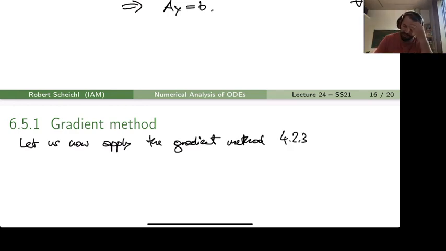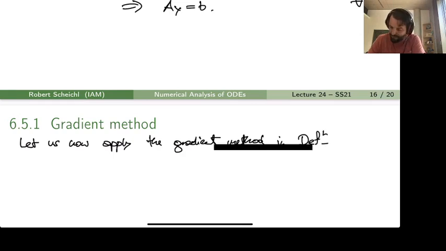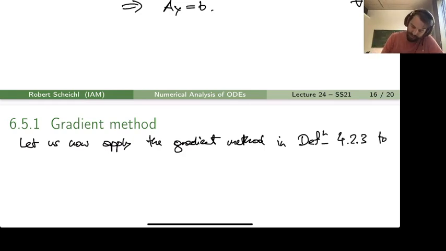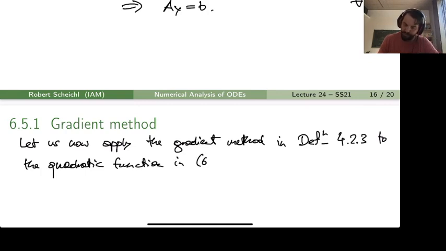In particular, we defined the descent methods there, and then a special descent method where we used the negative gradient as the search direction or the descent direction. And we apply this now to the quadratic functional in 647.